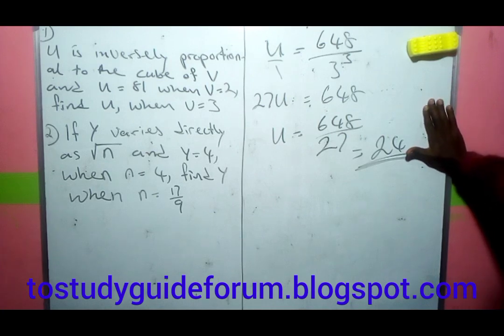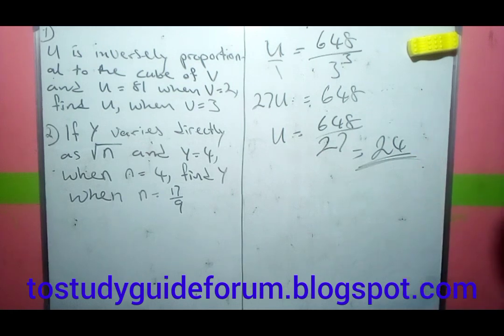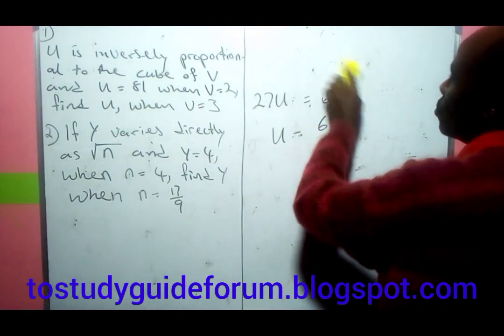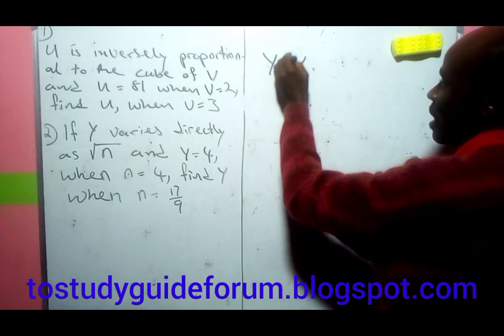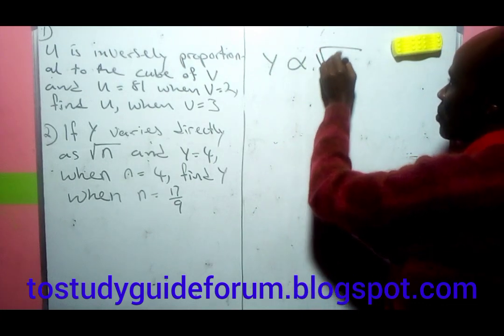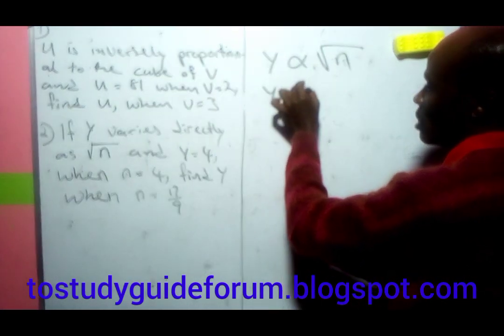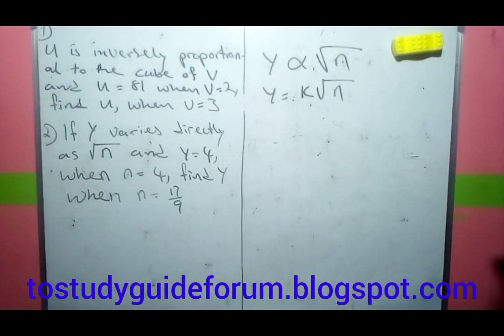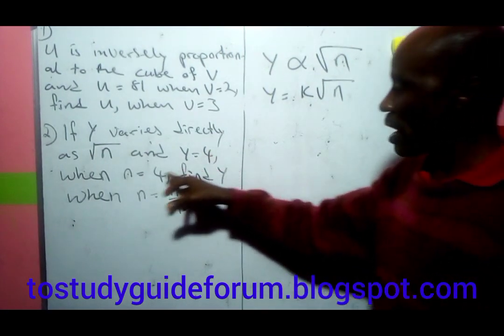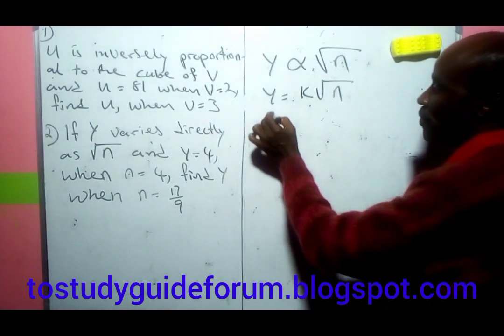The next one we have here is that Y varies directly as the square root of n. What we're going to do here is repeat the same thing we have done. In this case, it varies not inversely but directly as the square root of n. So if we apply the constant, we have Y equal to K root n. The first thing we are given is what we use to get the constant.